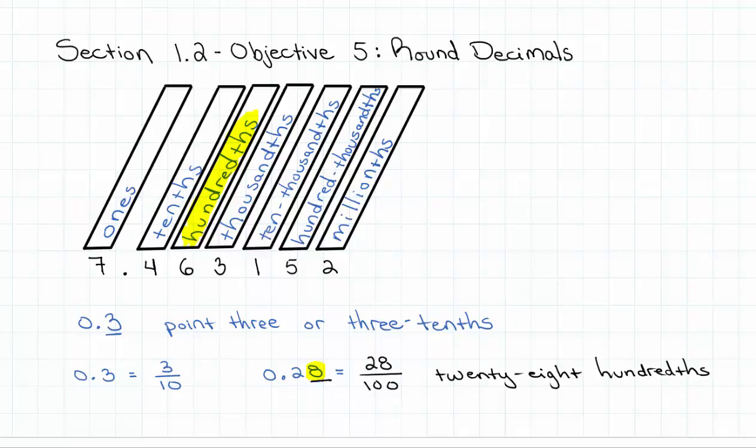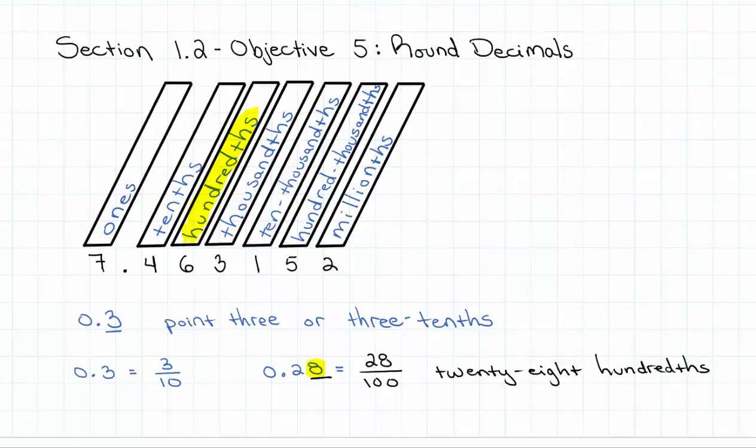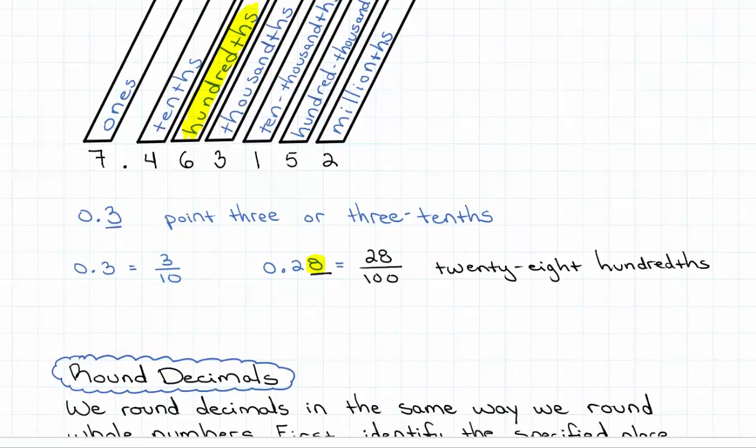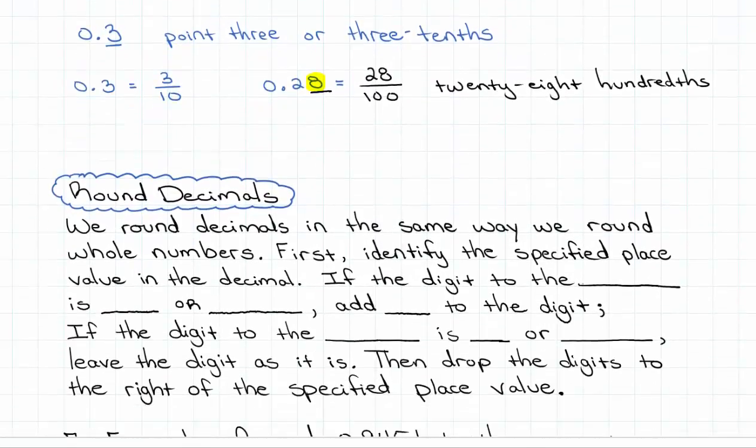Okay? All right, let's talk about rounding decimals. Round decimals. We round decimals in the same way we round whole numbers. First, identify the specified place value in the decimal.